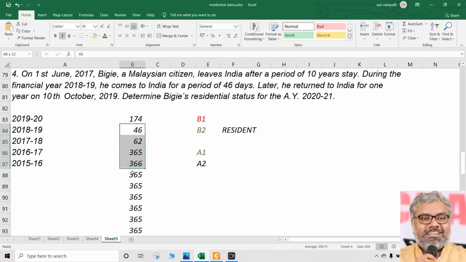Out of the preceding 10 years, he was resident for 9 years. Not required, 2 years is enough. Any 2 years if you see, he is definitely resident. Whenever he stayed for a full year, automatically he is resident. So he is resident in India for a period of more than 2 years in the 10 years immediately preceding the previous year. So automatically additional condition number 1 is satisfied.